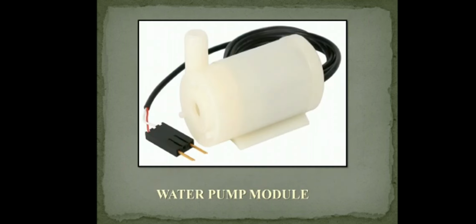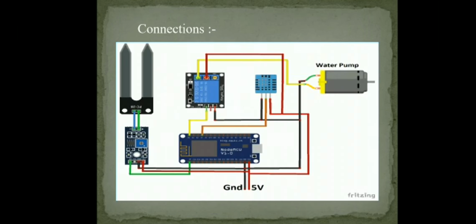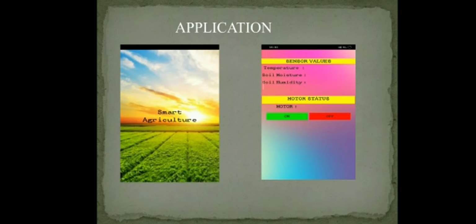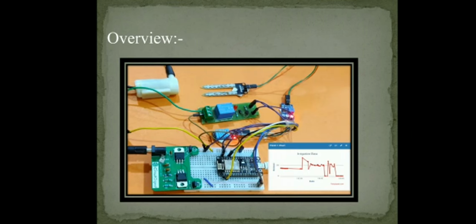This can be verified in a mobile application, so that we can see our data at any place at any time. This is the overview of our project, and this motor helps if water content decreases. This motor turns on and feeds the water to the lands.